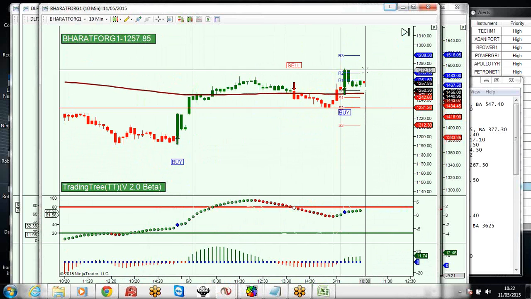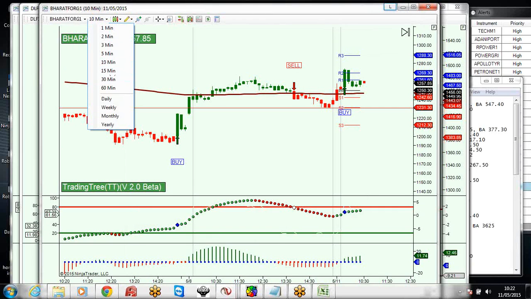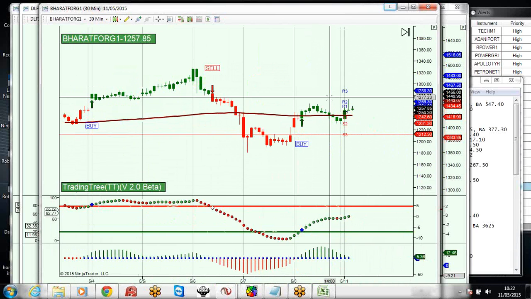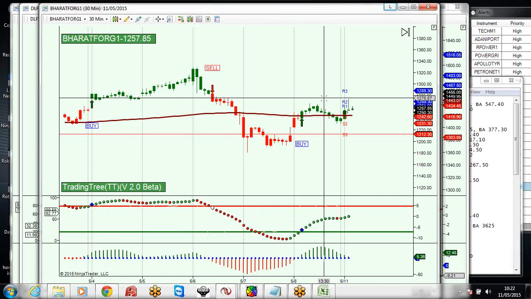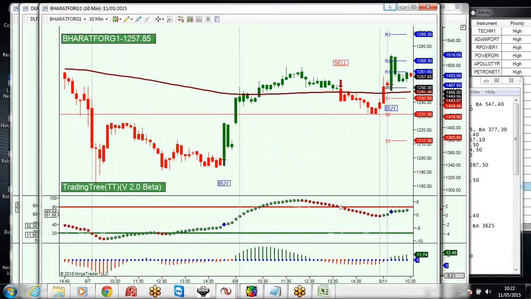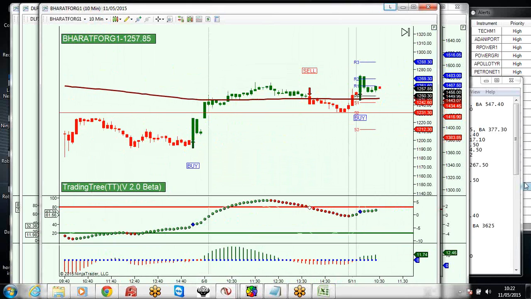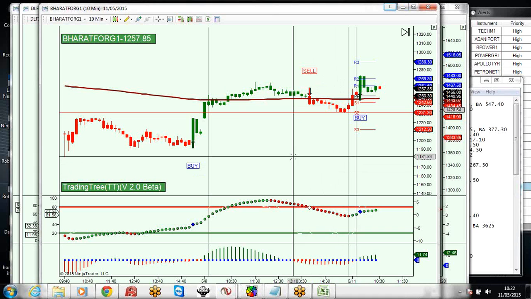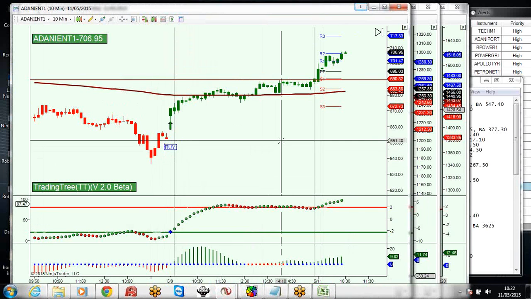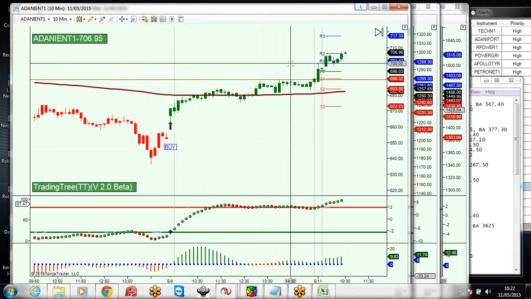This Bharat Forge call has not got triggered. So 1275, you can still go and buy it. So now you can change the stop loss to 700.